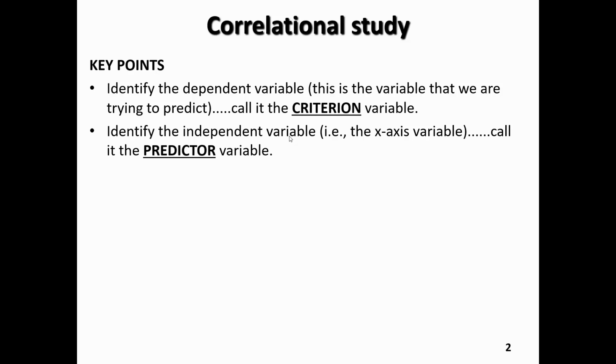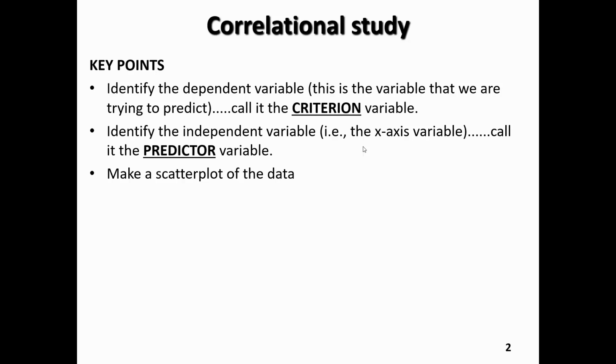The independent variable, very commonly used in describing many research studies, is typically the one you would see depicted on the x-axis. If that graph is not a frequency distribution, the independent variable we will call the predictor variable in these types of research designs.